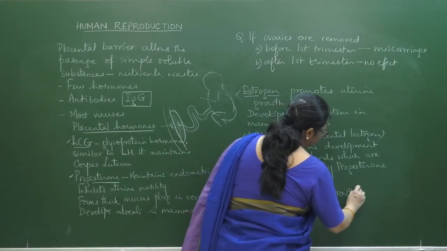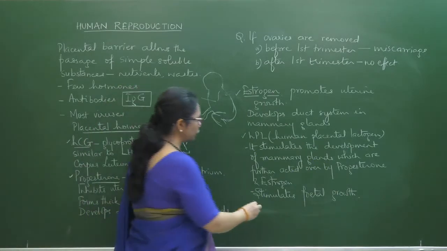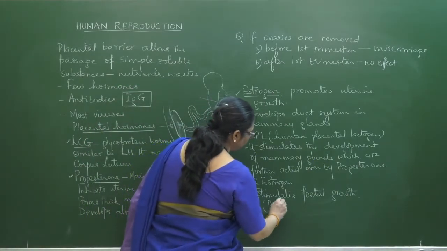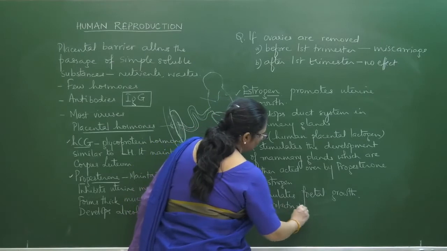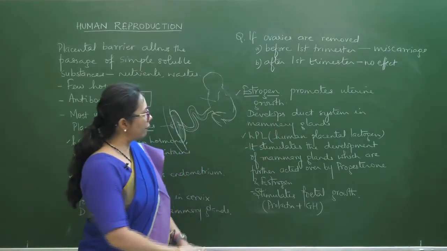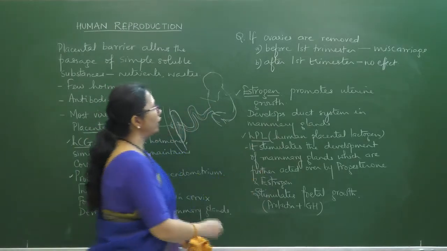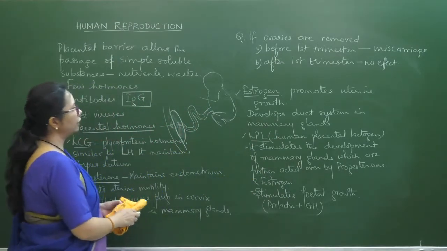That is another function of it. So you can say it's a combination of prolactin plus GH. So this is a hormone having functions of both, right? So these are the four hormones which are mentioned with the placenta, right?